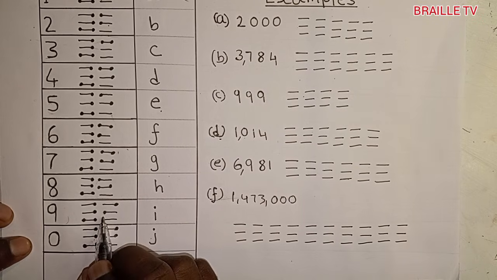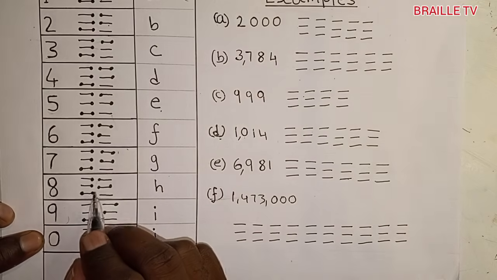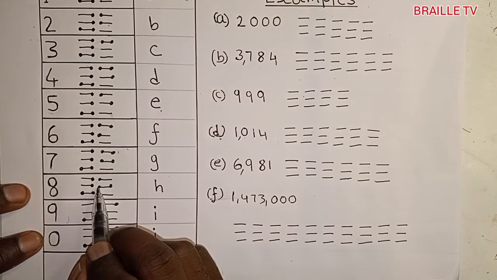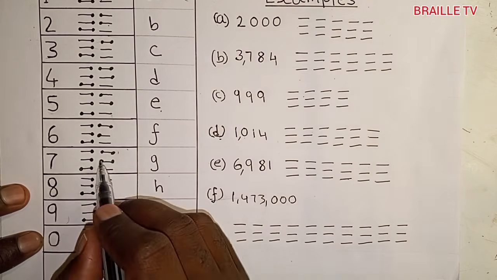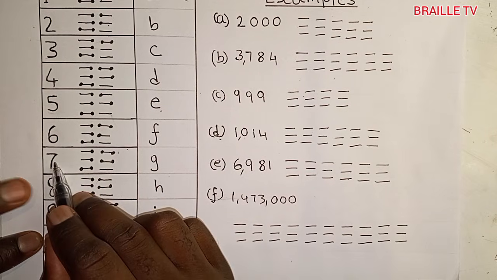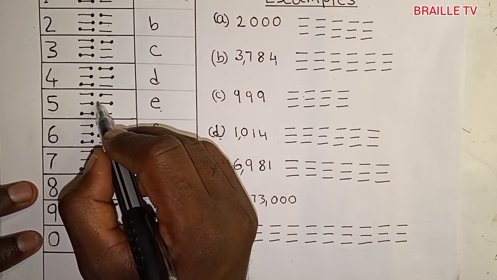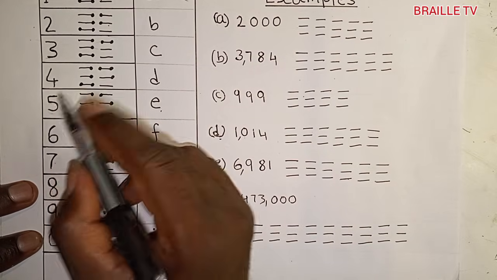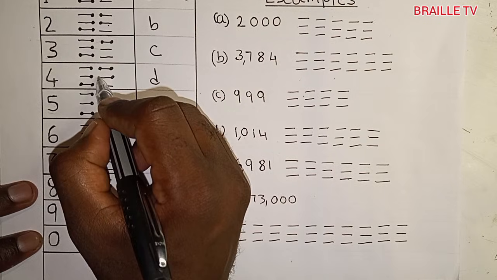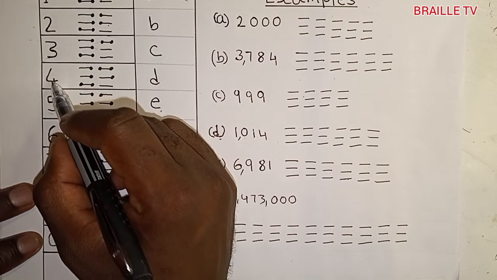9 in Braille, 9 in print, 8 in Braille, 8 in print, 7 in Braille, 7 in print, 6 in Braille, 6 in print, 5 in Braille, 5 in print. Then we have 4 in Braille, we have 4 in print, okay?